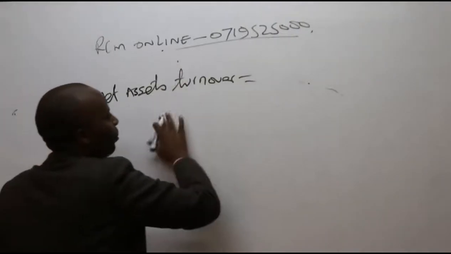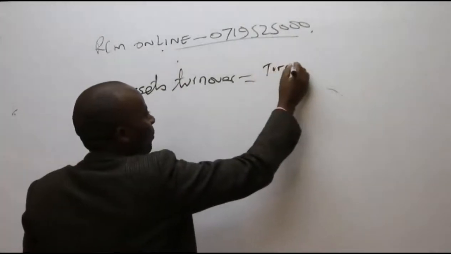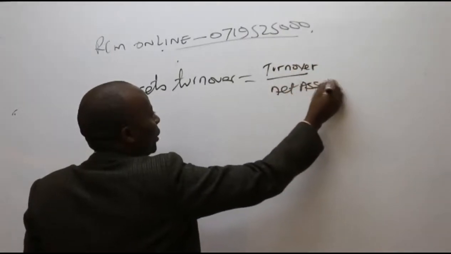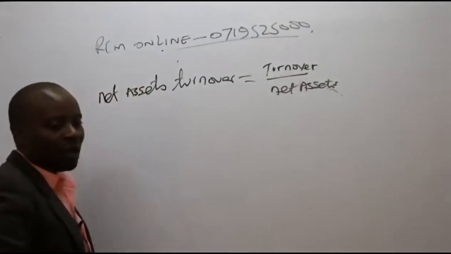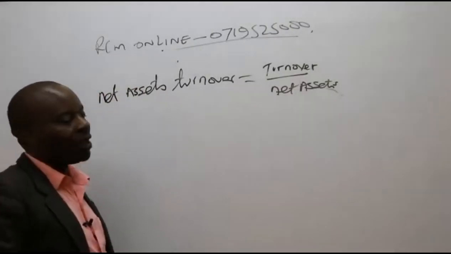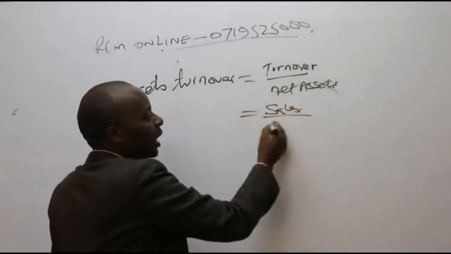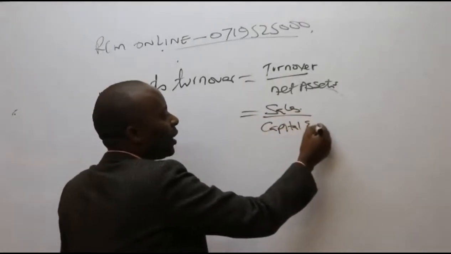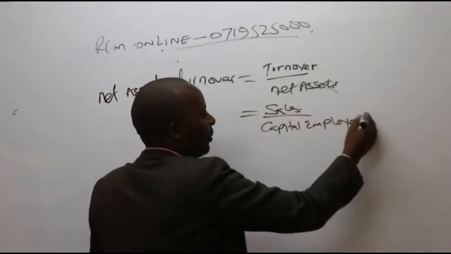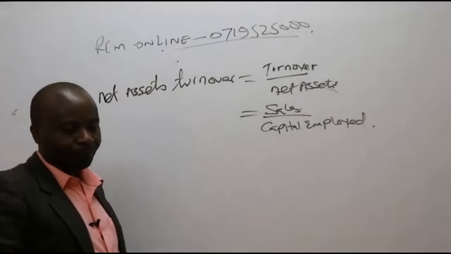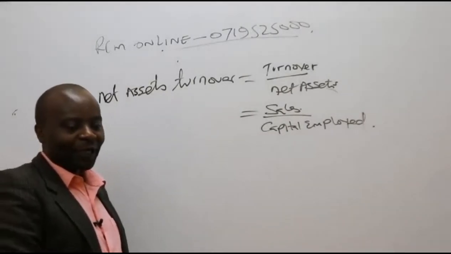So it's supposed to be turnover all over net assets. Remember that turnover is the sales, and net assets is the capital employed. So it is sales over capital employed. That is quite important.